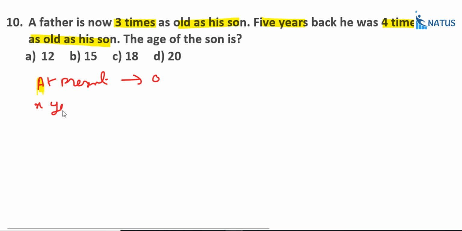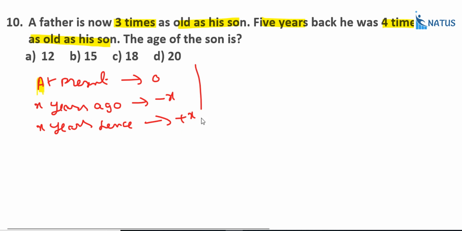X years ago, or X years before, is represented with minus X. X years hence, or after X years, is represented with plus X. This is the basic information for ages, right?